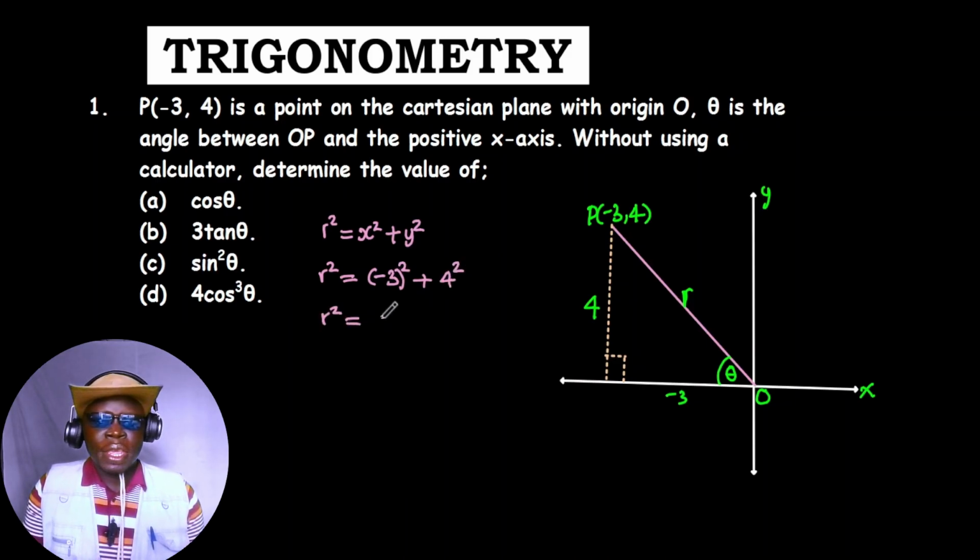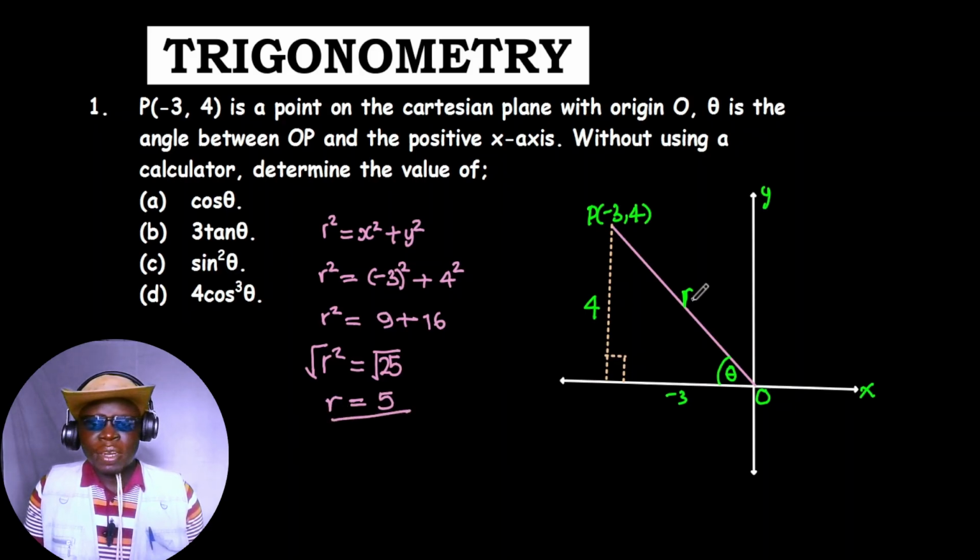Therefore, we have here 9 plus 16, and the sum of these two numbers is 25. So getting the root on both sides, we have the square root of 25 is 5, and the square root of R square is R. So we have 5 units as the value for R here.